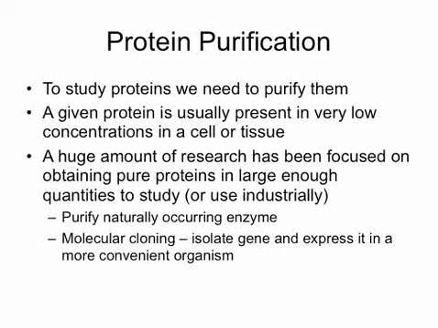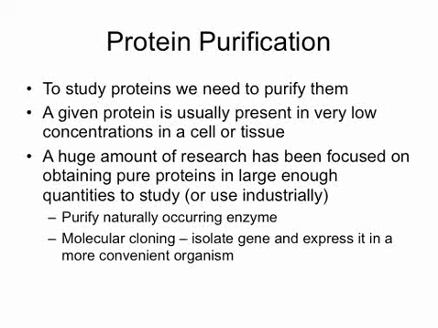That means that if we want to get any reasonable amount of this protein to study, we have to start with a massive amount of cells, of tissue, to actually do our purification from. Because this is so important to our understanding of proteins, a lot of research has been focused on how you do this.